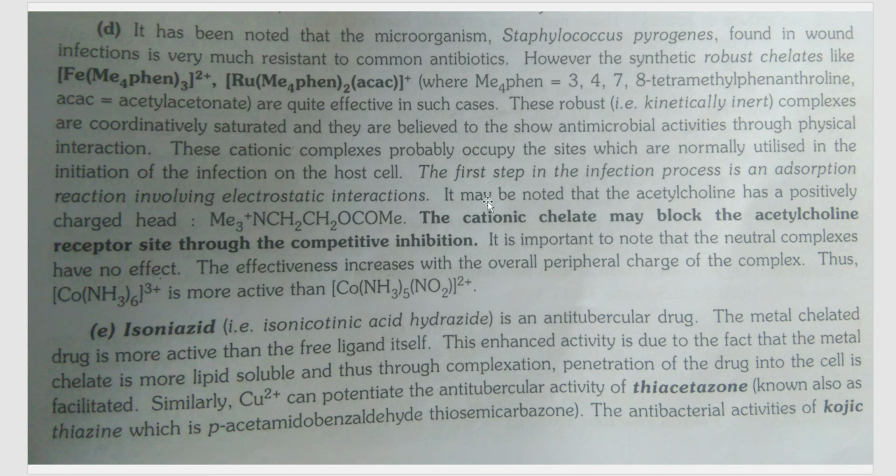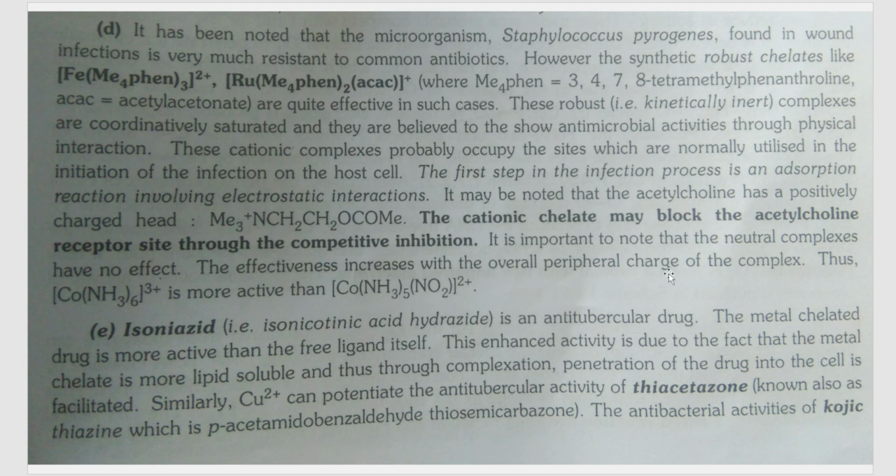But these cationic chelates also have a positive charge on them. So they may block the acetylcholine receptor through competitive inhibition. That is, before the positively charged head of the acetylcholine interacts with the host cells, in competition, these cationic chelates will go and interact with the host cells, because of which the acetylcholines can no longer interact with the host cell.